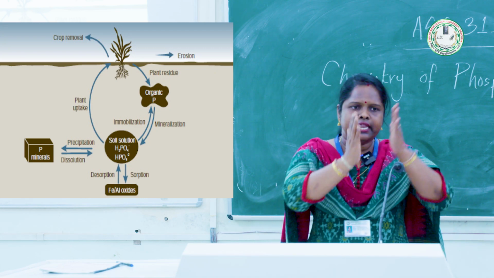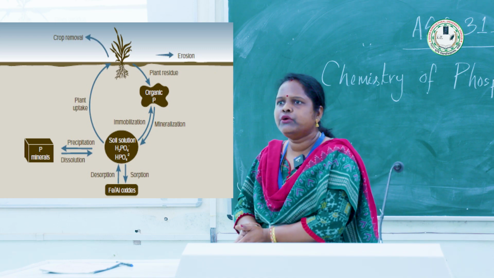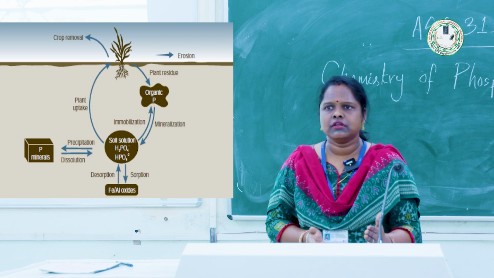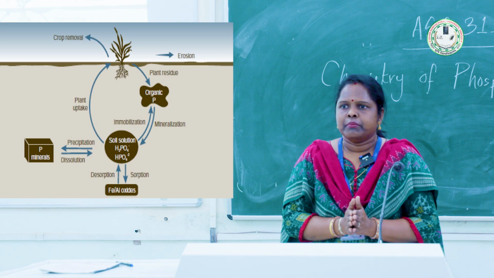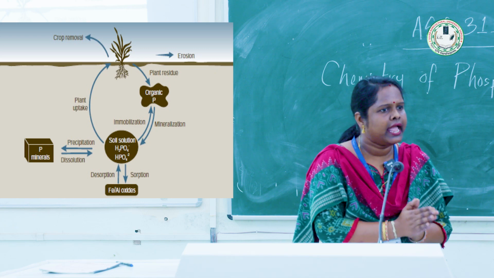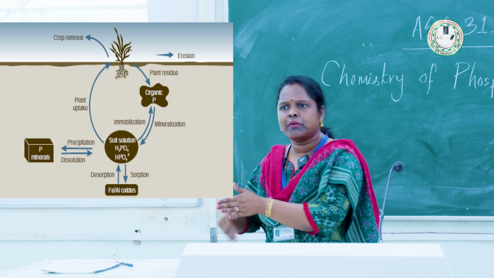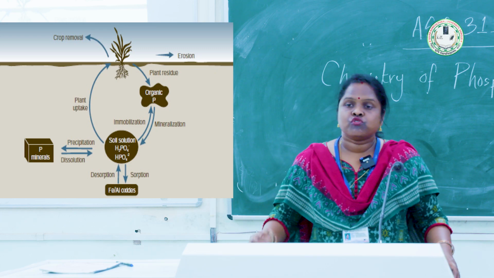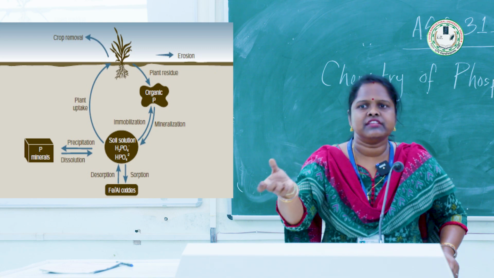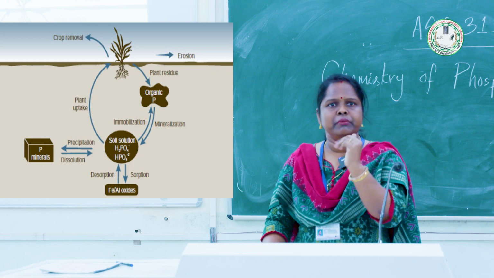We all know in acidic condition something different happens, and in alkaline or neutral condition something different happens. In acidic conditions, phosphorus gets combined with iron and aluminum. In alkaline conditions, phosphorus is combined with calcium. So the decomposition of plant residues in both these conditions also varies. Clear? So pH is a dominant factor.